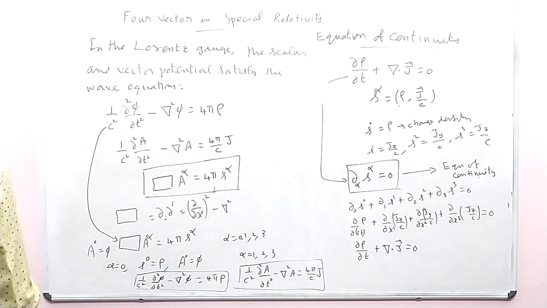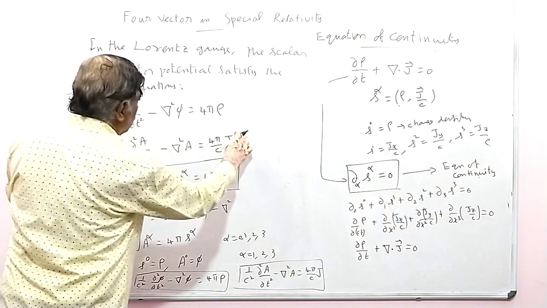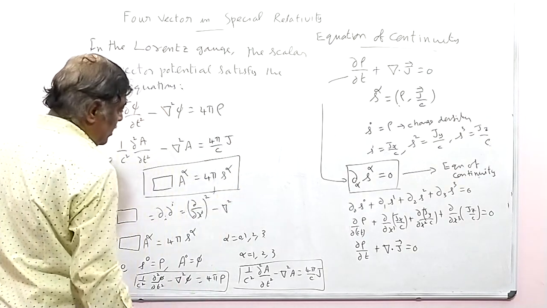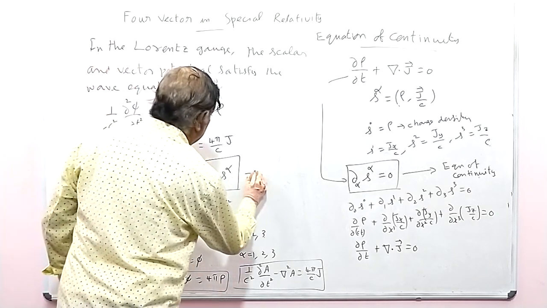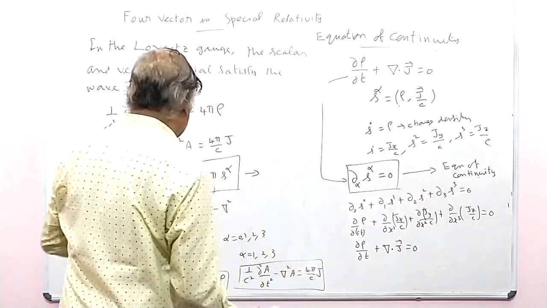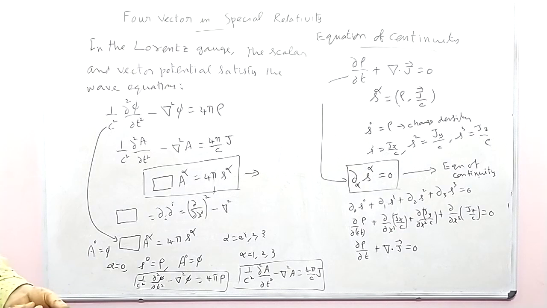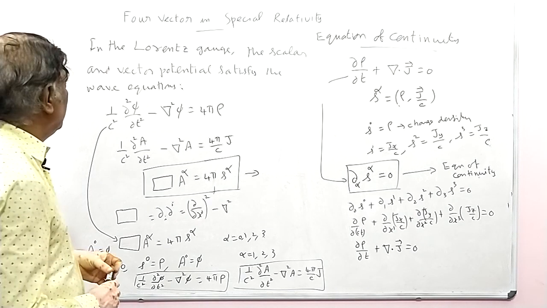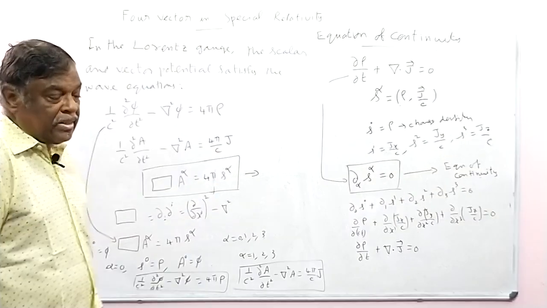So in the Lorentz gauge, the scalar and vector potentials satisfy this equation. These two equations can be combined into this one. So these are the three important equations, and previously we have written one equation. These are the three equations written in tensor form with 4-vectors.